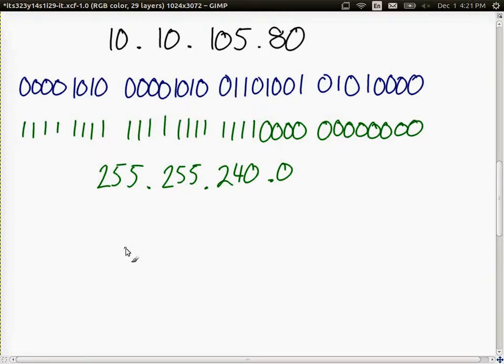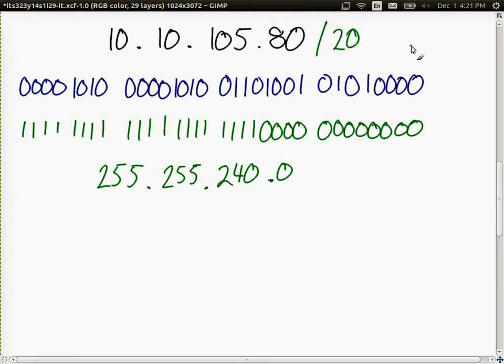Here's a subnet mask which is different from our previous example of /24. This is a /what? /20, there are 20 ones in a row. 8 plus 8 is 16 plus another 4, this is a /20 address. So we could also write the subnet mask in a shortened form like /20.